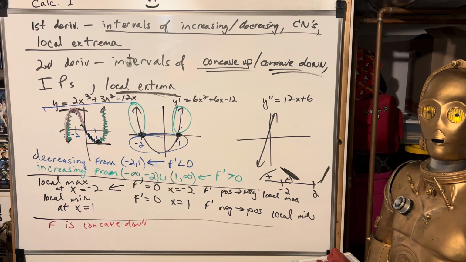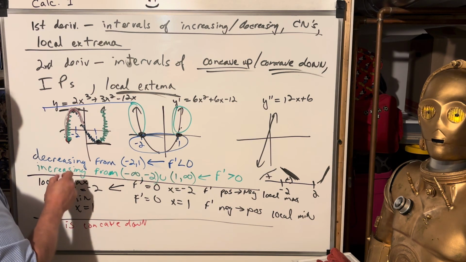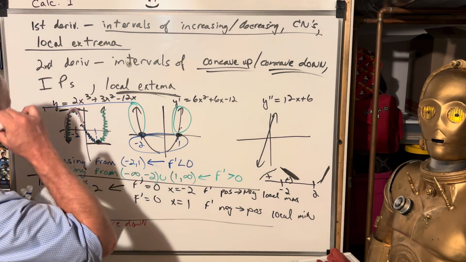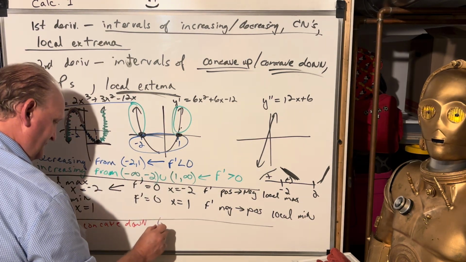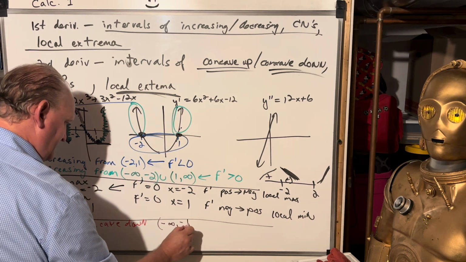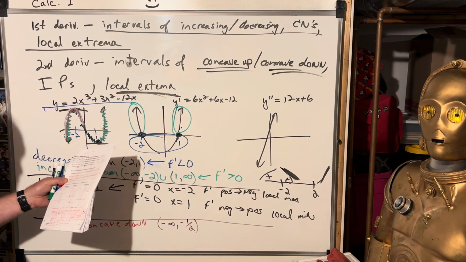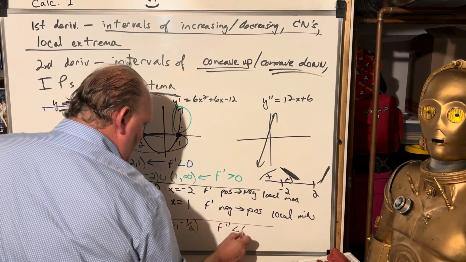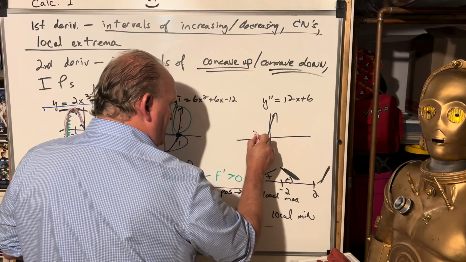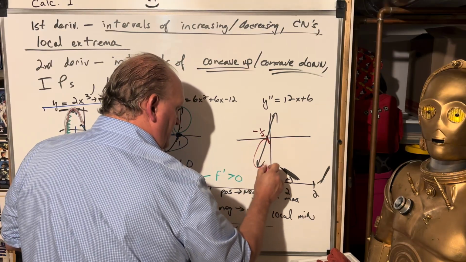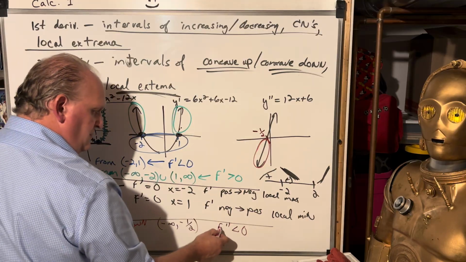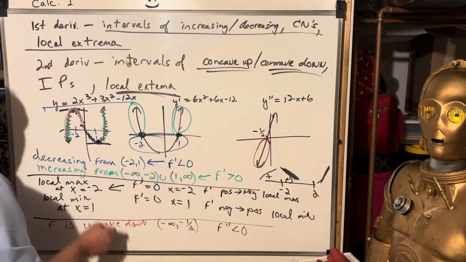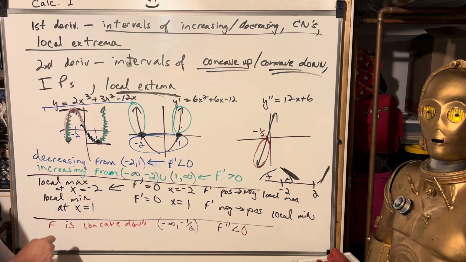And if you look at that interval, that is from negative infinity to, it looks like, -1/2. And that's also where f double prime is less than 0. That is -1/2 right there, and it's below the x-axis. So where the second derivative is less than 0 or negative, then the graph itself is concave down.